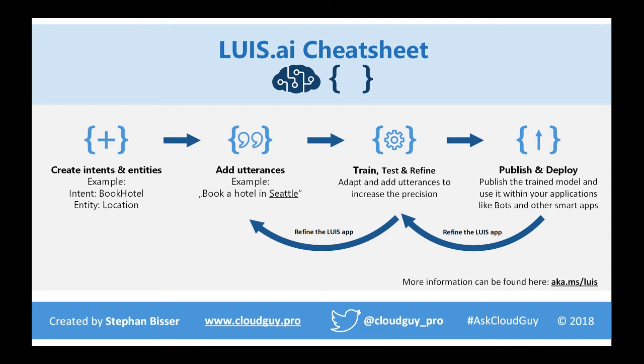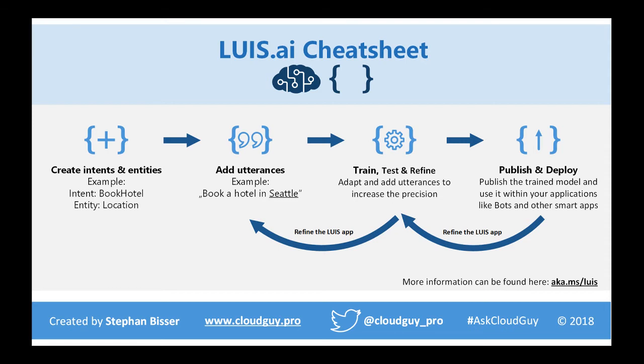Second, you need to add utterances, which are the phrases that people can type or ask the chatbot. Then we need to train, test, and improve the model, because it's very hard to predict how people will ask all these questions.